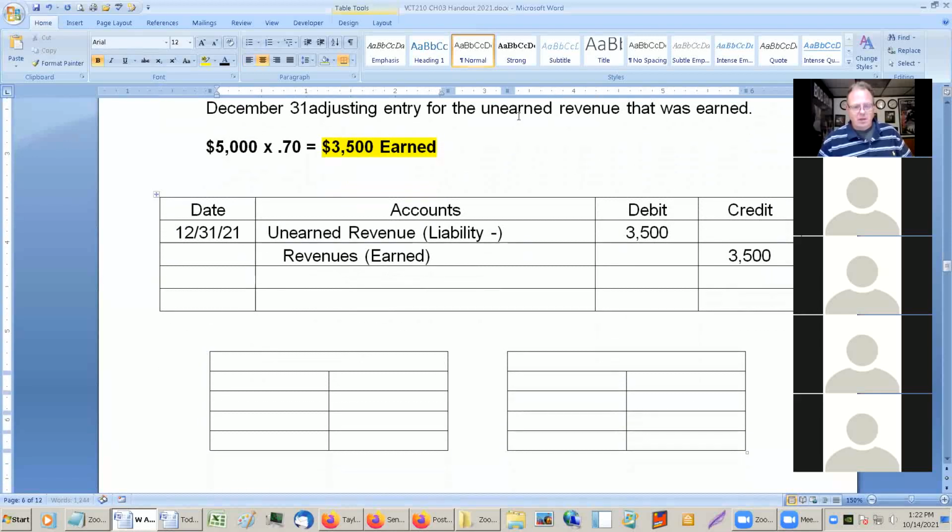So down here, revenue, we had 5,000. We took out 3,500. So we still have to earn 1,500.